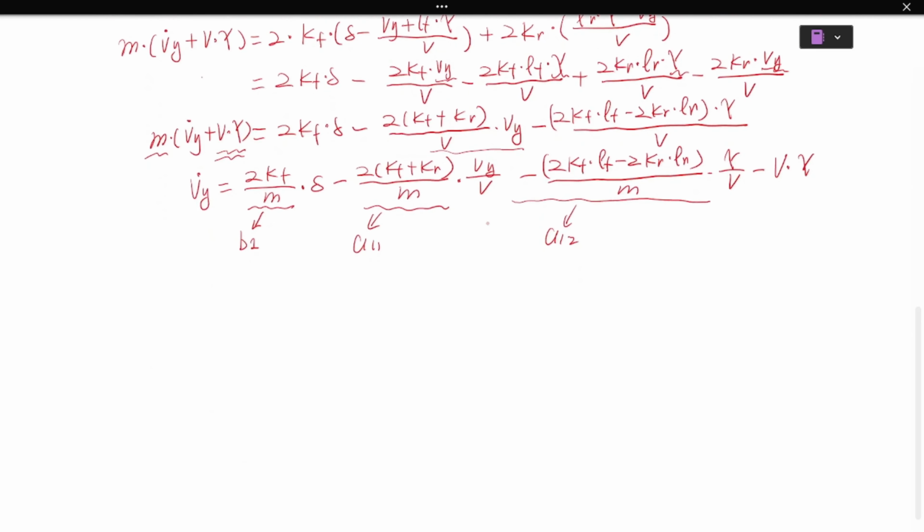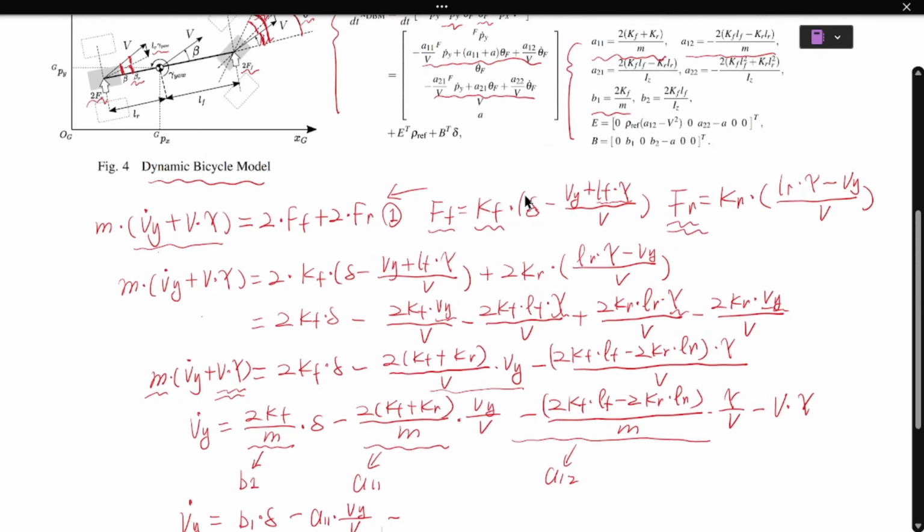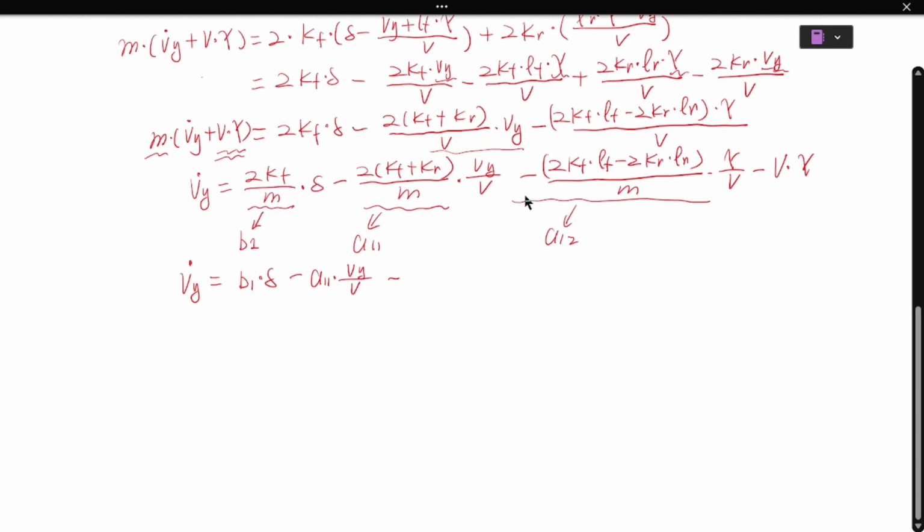So vy dot equals b1 times delta minus a11 times vy over v plus a12 times gamma over v minus v times gamma.